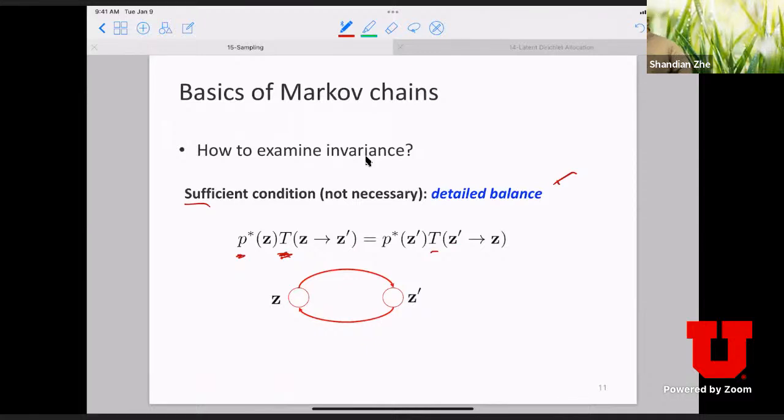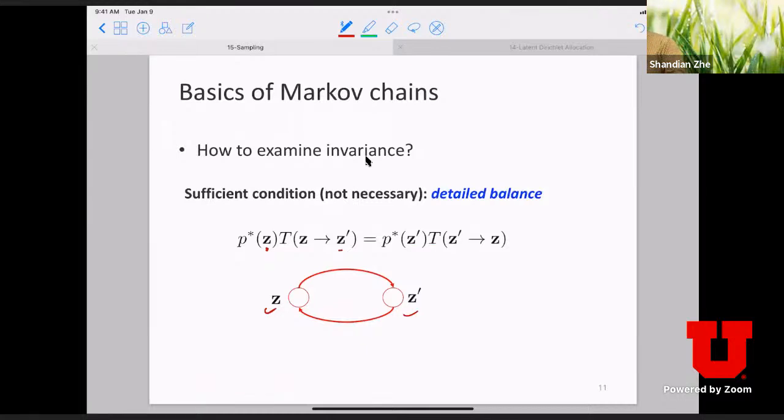So what is detailed balance? Detailed balance says that for arbitrary two state values, Z and Z prime, if you evaluate Z with the true posterior P star, and then multiply the conditional probability to sample Z prime given Z, so basically it's just a joint probability, you first sample Z from the true posterior and then sample Z prime from the transition kernel, it's the same as doing this in reverse.